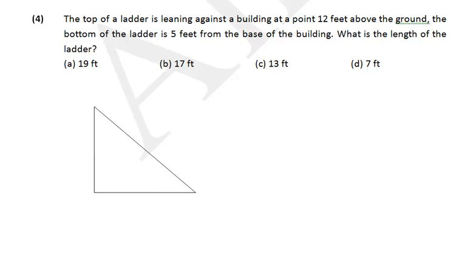So in this case, what is happening? This is the top of the ladder, leaning against a building at a point 12 feet above the ground. The bottom of the ladder is 5 feet from the base of the building. We have to find out the length of the ladder. So 5, 12 and 13. These are Pythagorean triplets that we know. So the length of the ladder will be nothing but 13 feet. As simple as that. Okay.